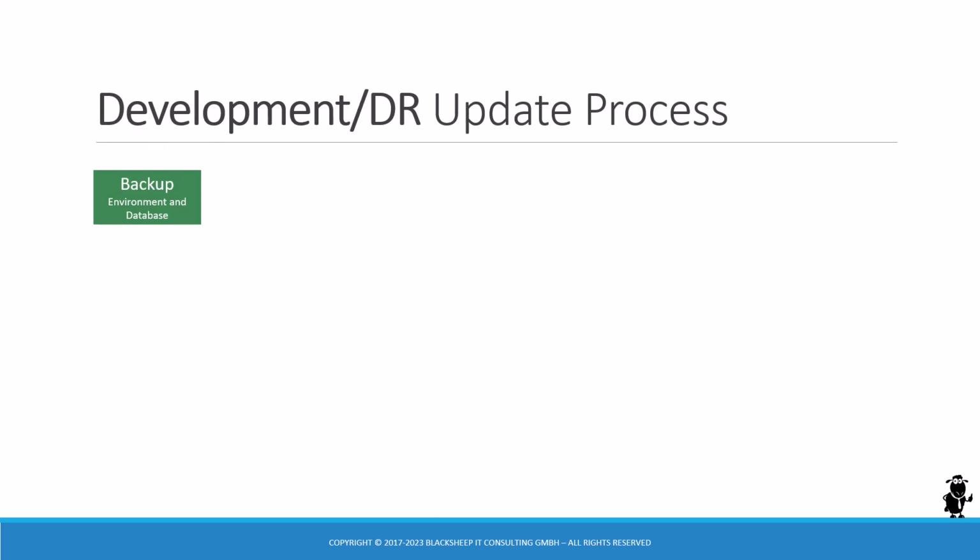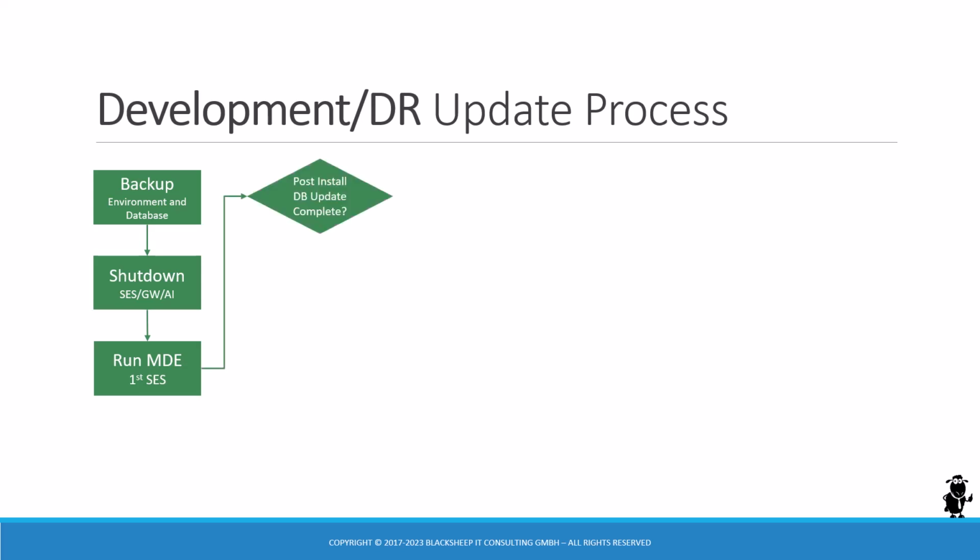You start with backing up your environment and database. Make sure you have a safe point to go back to. You shut down the software on that machine, Siebel server, gateway, or AI, and then you run the MDE, typically on the first Siebel server, because that's where the post-install database update runs as well.